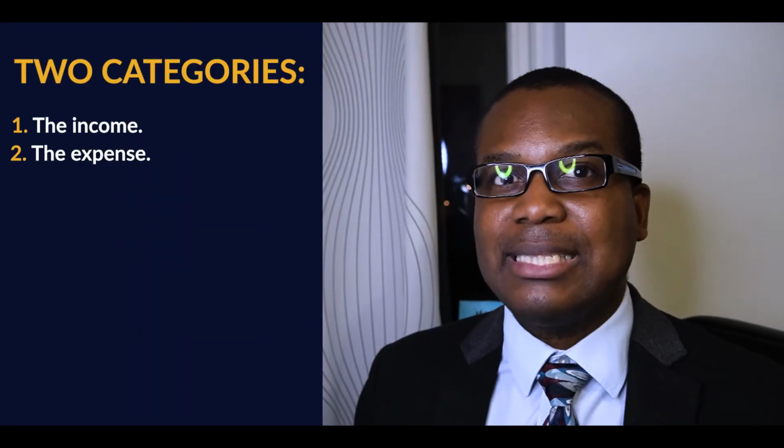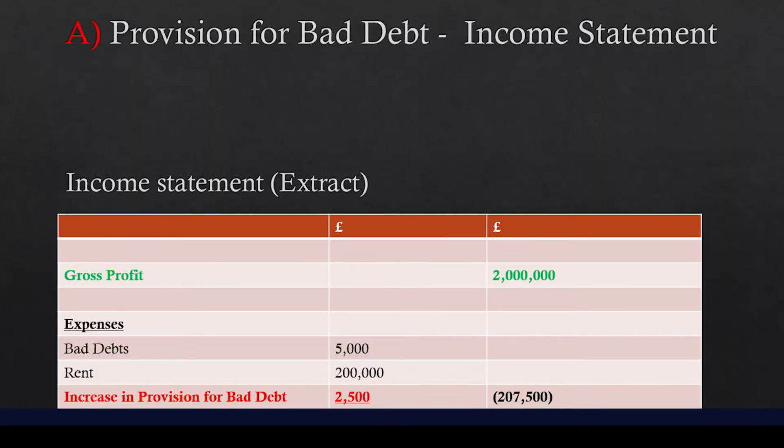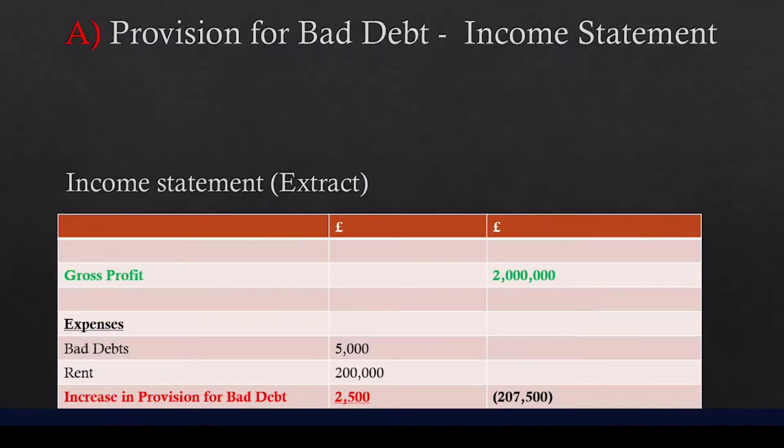So we would put this as an expense, and here the expense is 5,000. When we also have an increase in provision, which means we estimate that a proportion of the debt we will not receive, we would put it as an expense as well, increase 2,500. So the aggregate in this example is a bad debt of 5,000, a rent of 200,000, and the increase of 2,500. Altogether, that's 207,500 minus from the 2 million in gross profit.